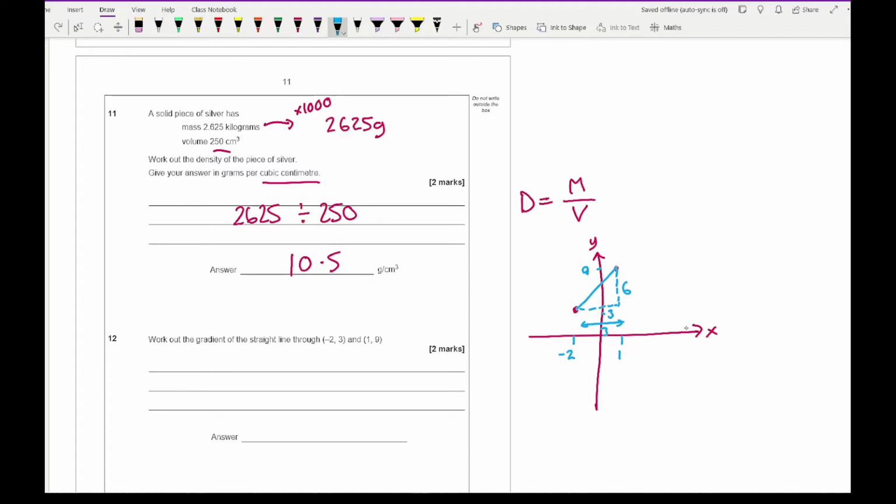Well, that's just going to be 6 over 3, which gives me an answer of 2. Alternatively, you can use the formula of y2 minus y1 over x2 minus x1, where this is your x1, this is your y1, this is your x2, and this is your y2, and this formula will also give you the gradient between 2 points.